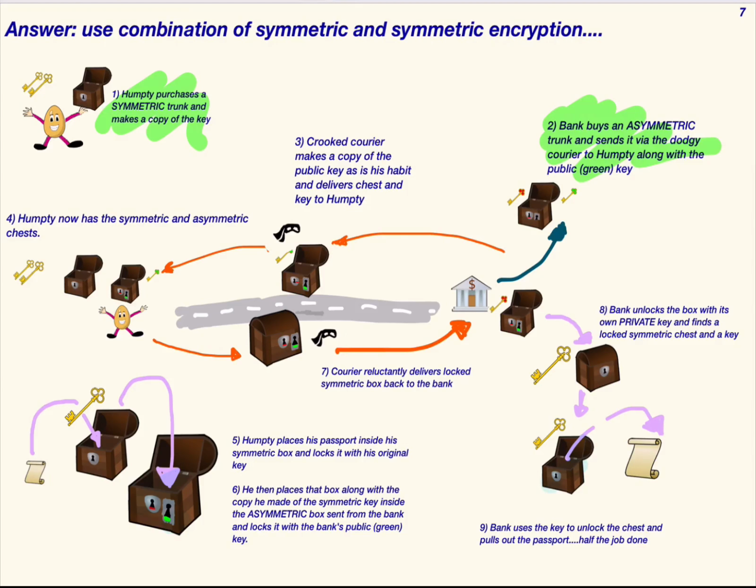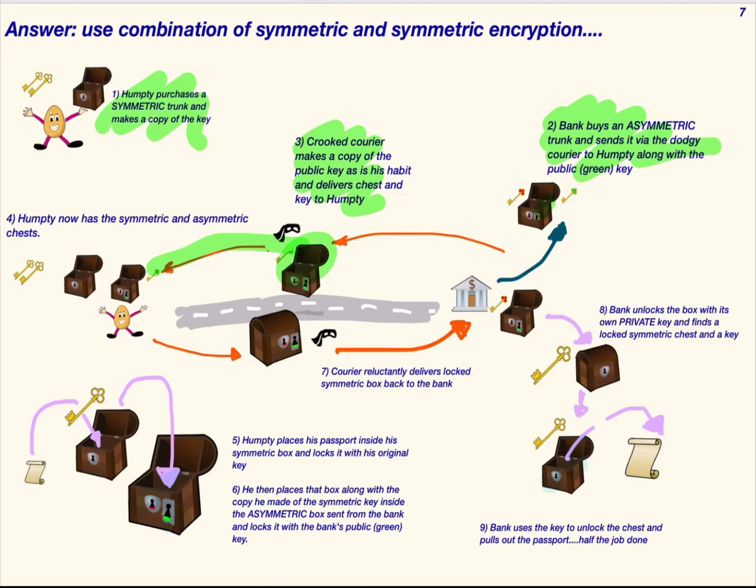So the bank sends the chest with the public key via the courier. The courier makes a copy of the public key, as he always does, in the hope that one day he'll get a locked chest that one of the keys on his keychain will open. But he delivers. The courier delivers the asymmetric chest to Humpty.